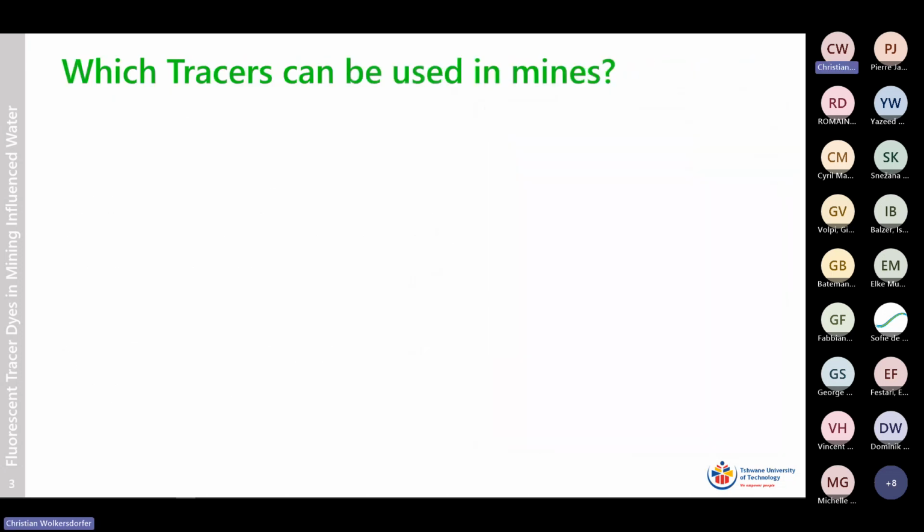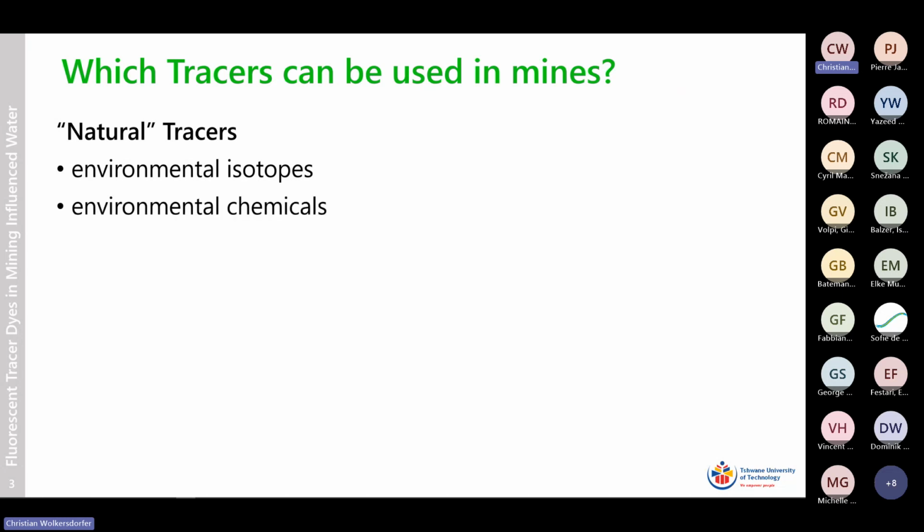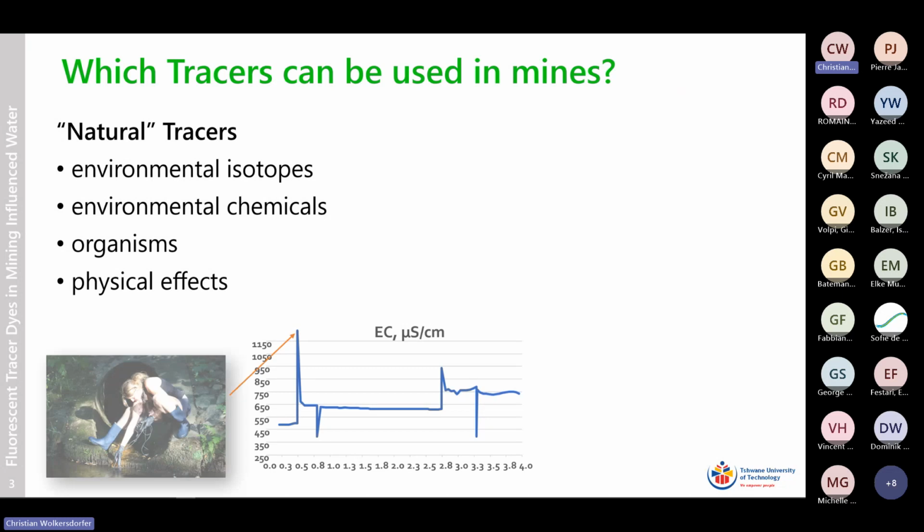First of all, I would like to introduce which tracers can be used in mines. On the one side, there are natural tracers like environmental isotopes or environmental chemicals, or organisms like bacteria, or physical effects. An example for a physical effect is this one. We measured at a river that is influenced by mine water, and we wanted to know where the mine is discharging into the river.